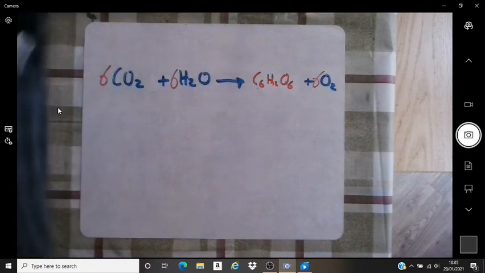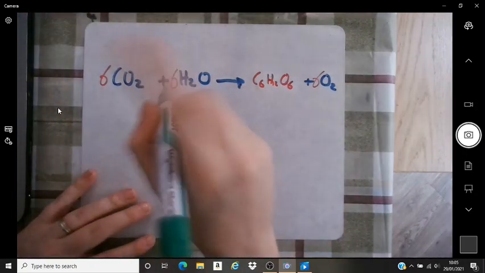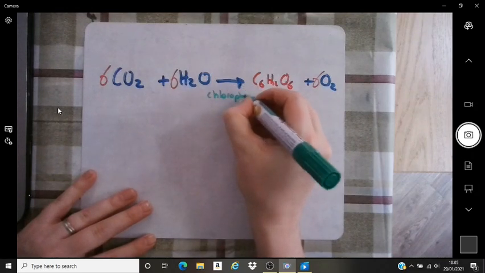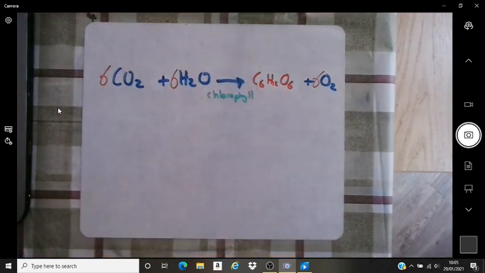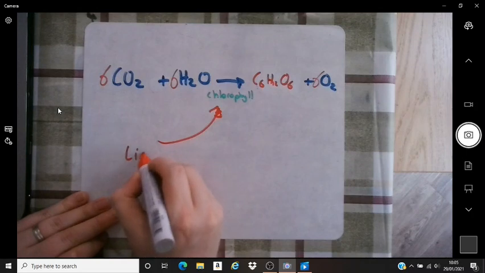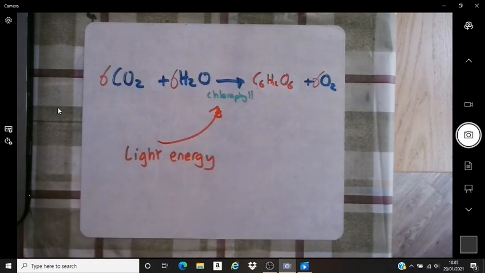So a couple of other things to bear in mind. We absolutely need this to take place in the chloroplast, and it's the pigment chlorophyll that is actually required for this to take place. Because chlorophyll absorbs light energy, and it uses that light energy to kickstart this reaction.